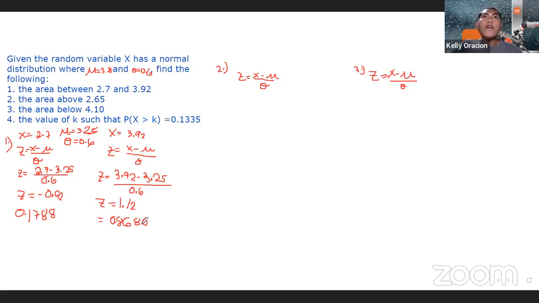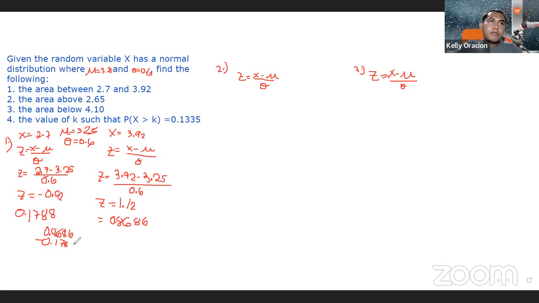Now, the clue for item number 1 is between. So you are going to subtract the tabular values, starting with the bigger one.